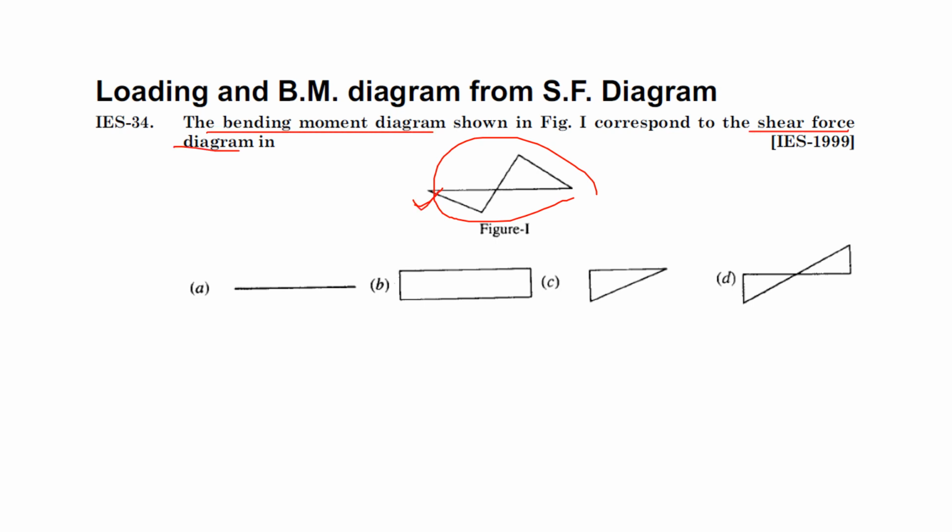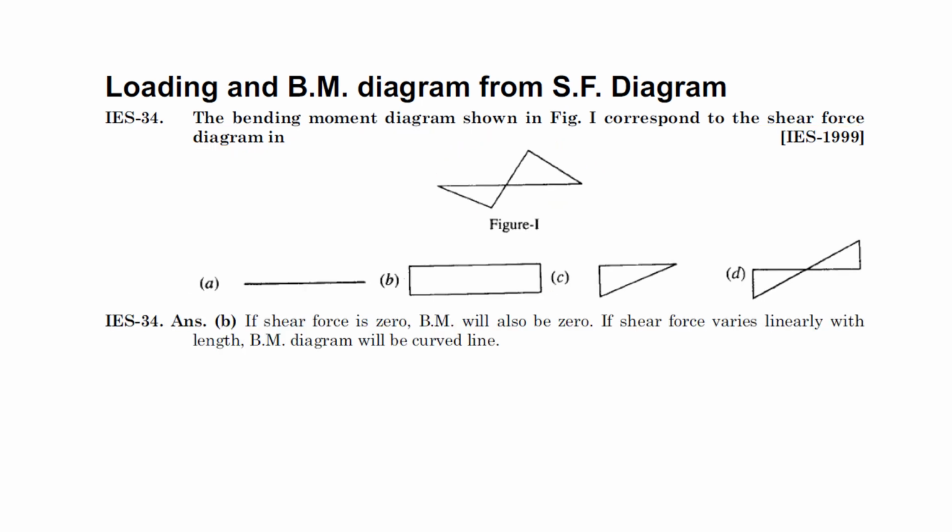For this BMD, which of these four is the SFD? So the SFD is B. If shear force is 0, bending moment will also be 0. If shear force varies linearly with length, bending moment will be curved. So that's why the answer is B.